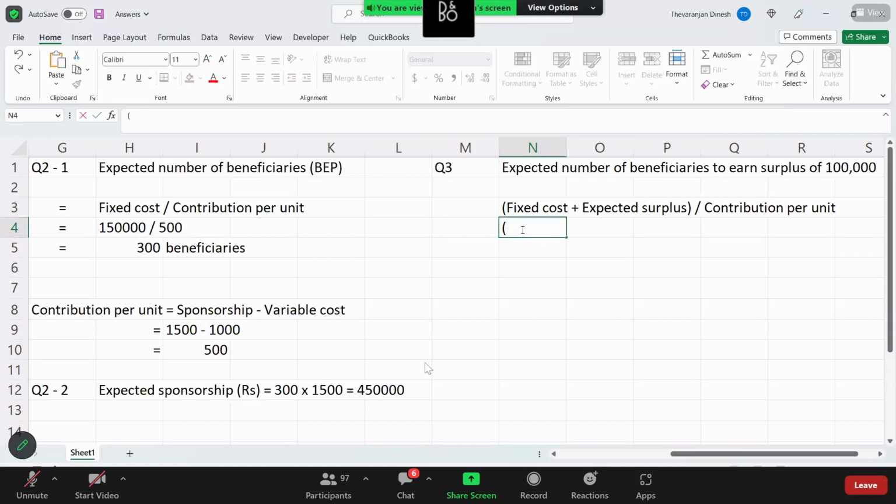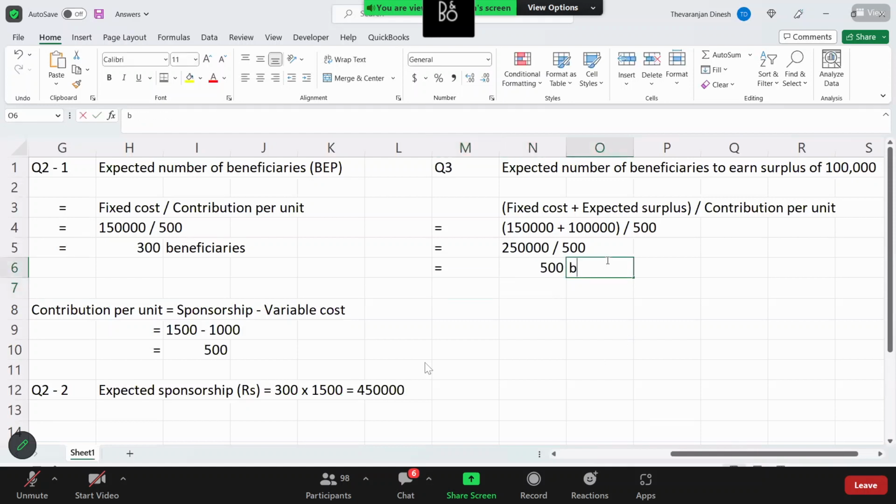So our fixed cost is 150,000 plus expected surplus, an additional 1 lakh, divided by the contribution we already calculated, 500. So that is equal to 250,000 divided by 500, which is equal to 500 beneficiaries.